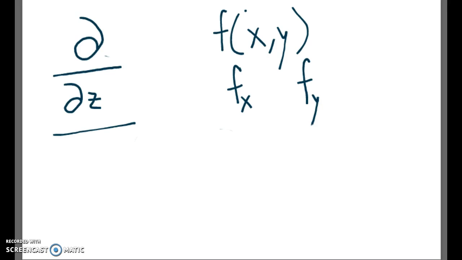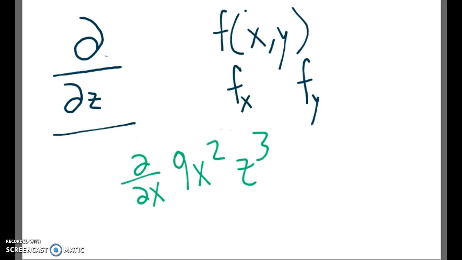Now, how do we take partial derivatives? Well, we take any other variables that we're not taking the derivative with respect to as a constant. So say we have 9x squared z cubed, and we want to take the x partial derivative of this function.